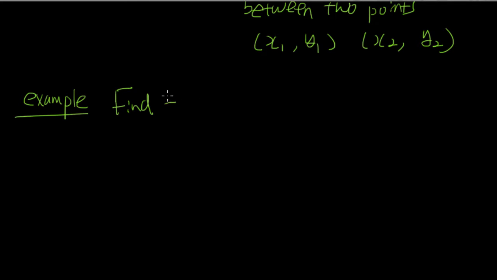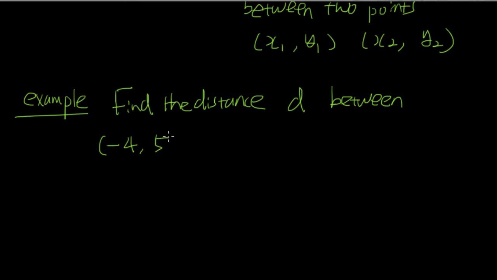Find the distance, say D, between the points -5, -4 and 3, 2. Whenever we are doing something like this, I want you to write what's x1, what's y1, and things like that.